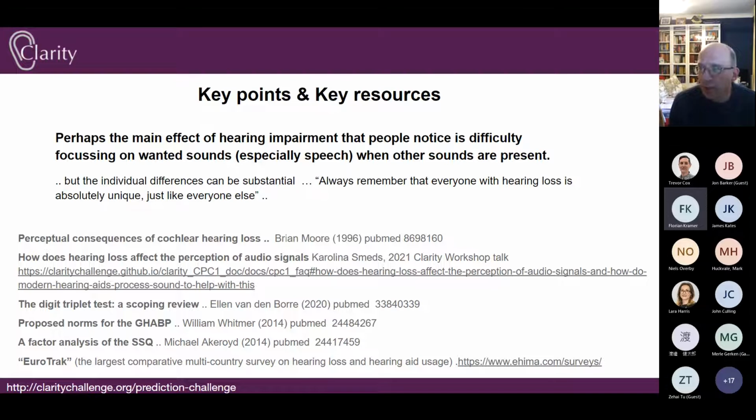And finally, I'll point you at the EuroTrak. It's a survey they do every few years across Europe, which came out of something called MarkeTrak in the States. It's all about take-up of hearing aids, reasons why people take them up, reasons why people don't, and it's really very informative.